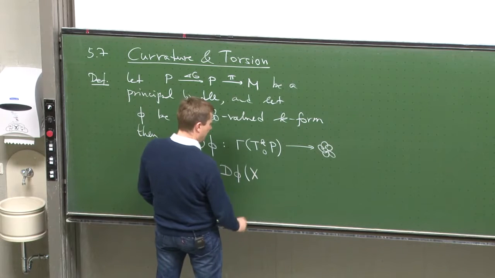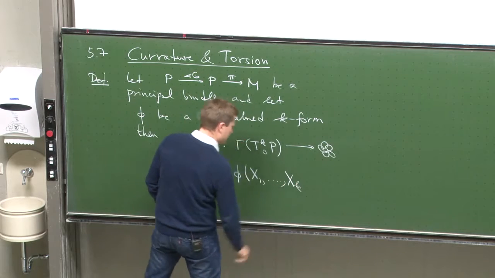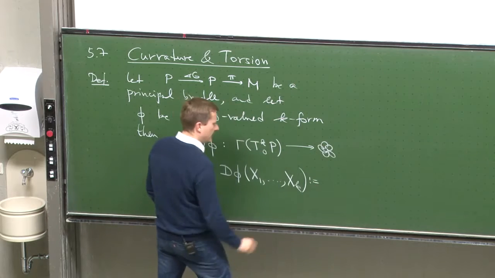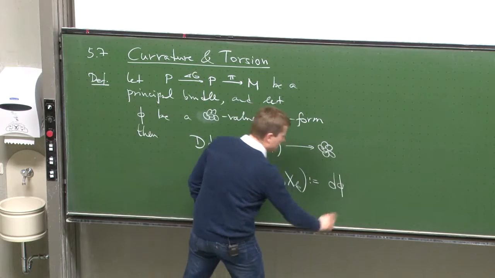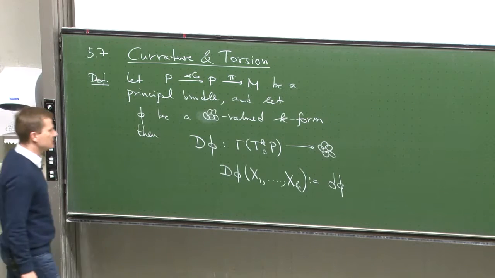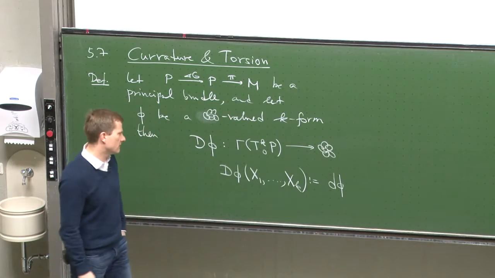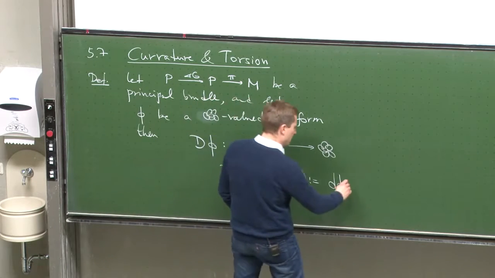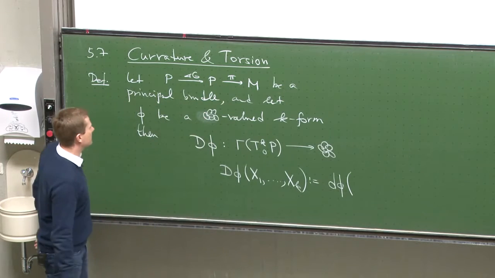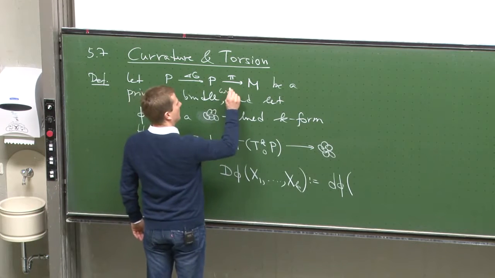It eats K plus 1 vectors, so x1, or vector fields in this case, up to x(k+1), and this is simply defined as the ordinary exterior derivative, whose definition doesn't depend at all on what the space flower is, and the connection, I forgot the connection, a principal bundle with a connection 1-form.